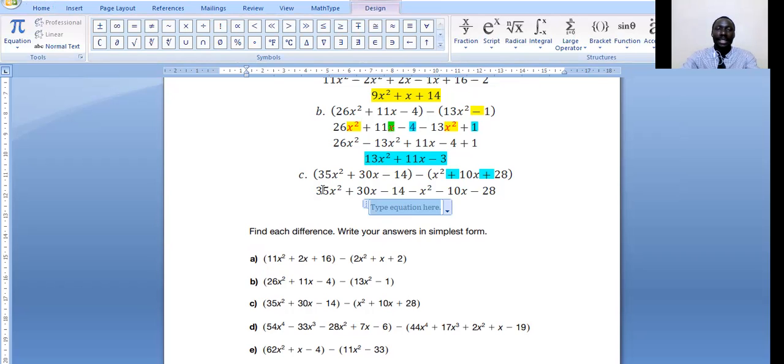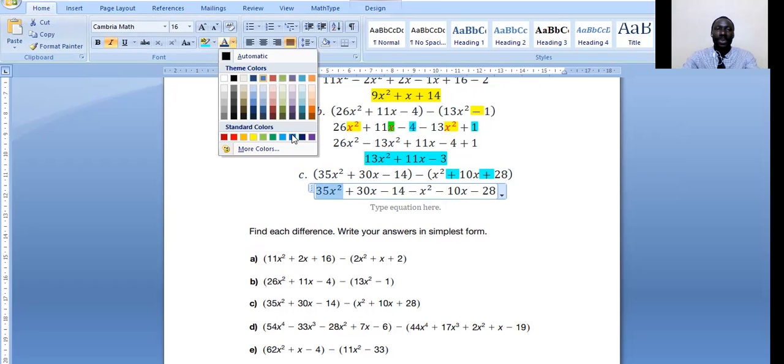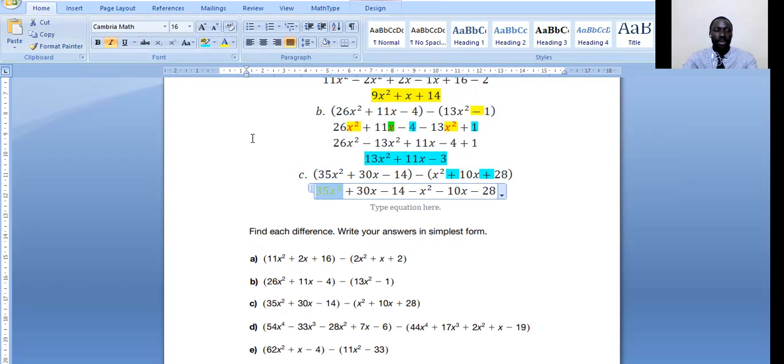Now notice that this quantity here, the 35x squared, has got x squared attached to it. So this one is having x squared, and this one also has got x squared. So let me just write it down here.